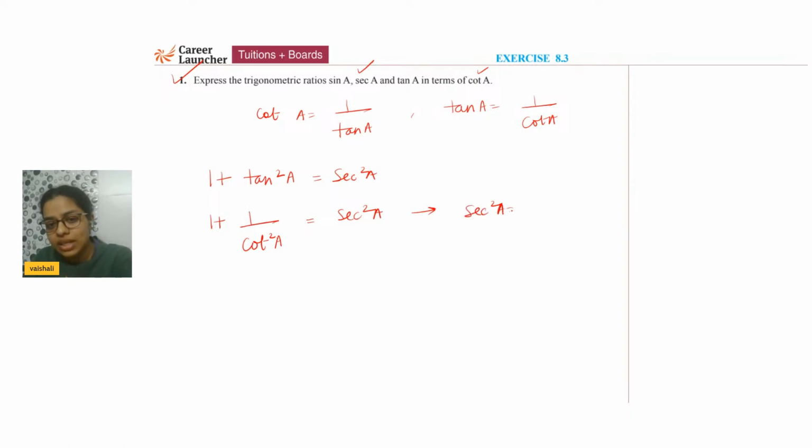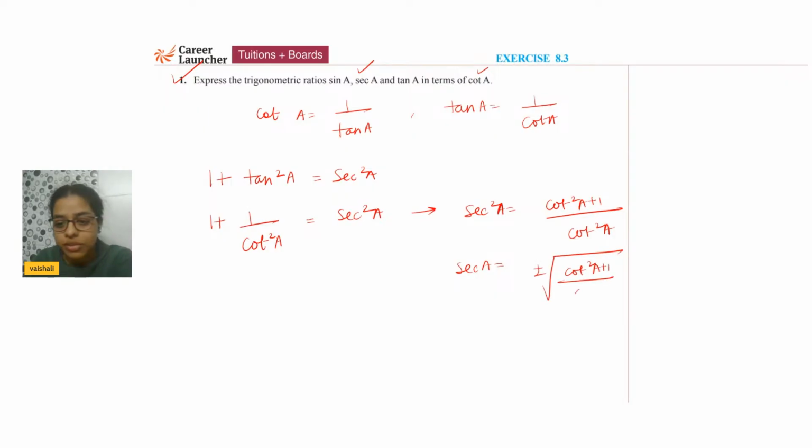Taking the LCM, secant square A is equal to cot square A plus 1 divided by cot square A. And if I remove the square, you should be getting plus minus under root of the same expression that we have just written above. So we have expressed secant, right?